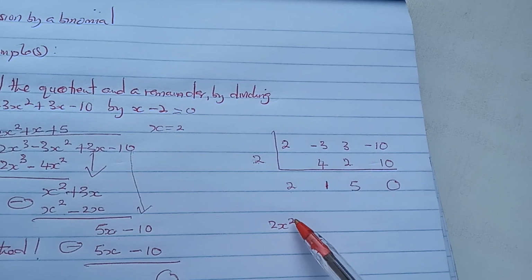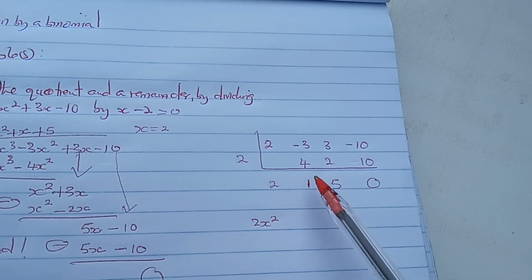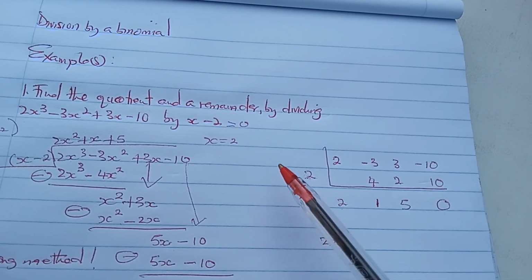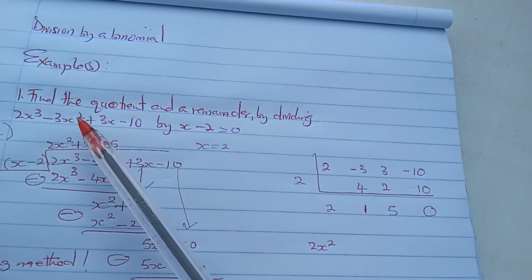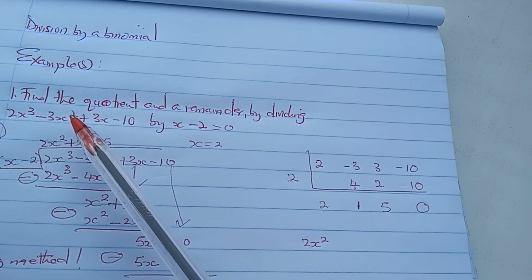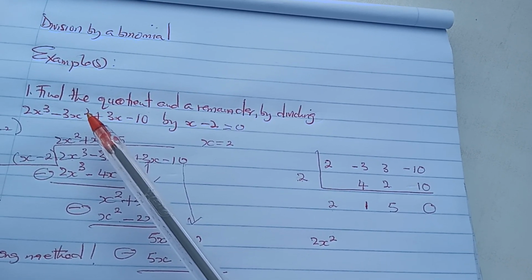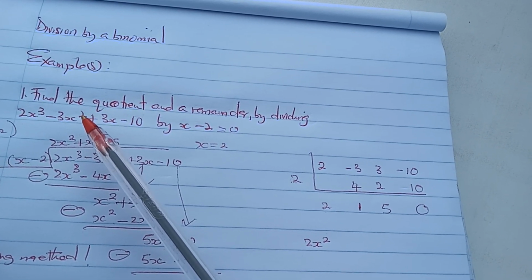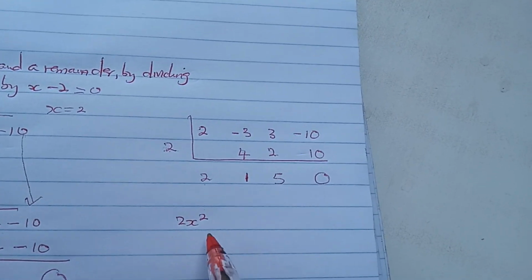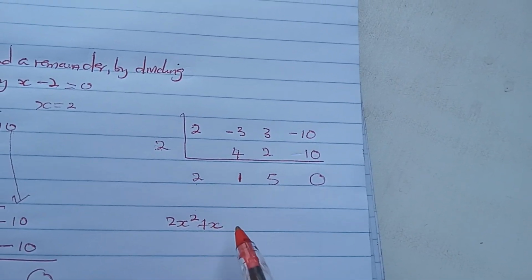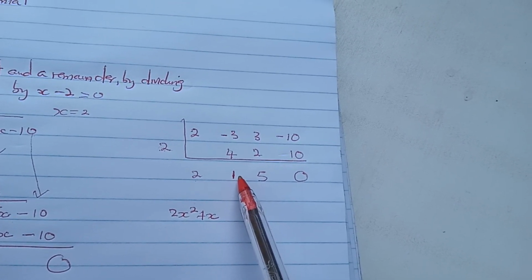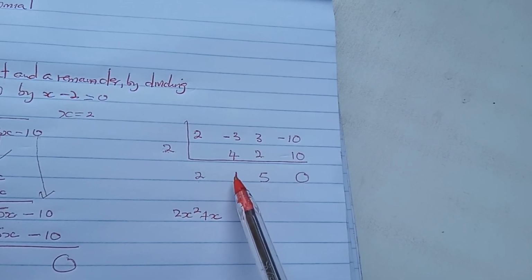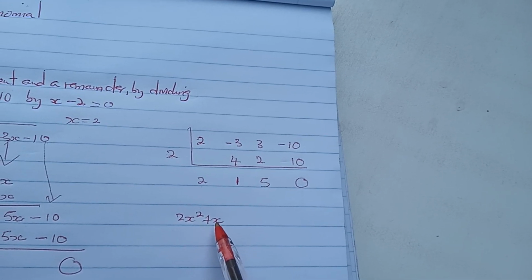Then we move on to 1. The power was 2, so we reduce it, and this one becomes x. Because we have a 1 here, that means there's an x, so there's no need to write 1x, we just write x.